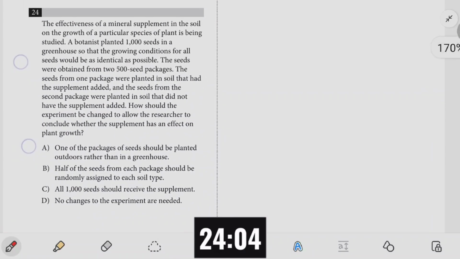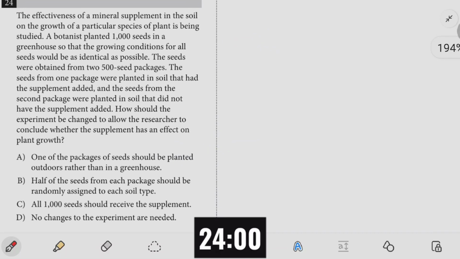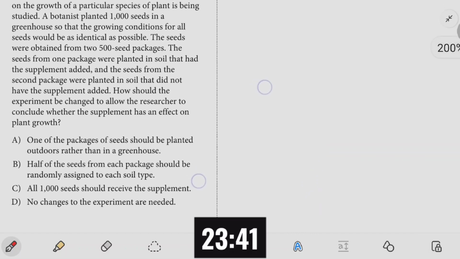Oh lord. The seeds from the second package were planted in the soil that did not have the supplement added. Or should the experiment be changed to allow the researcher to conclude whether the supplement has an effect?